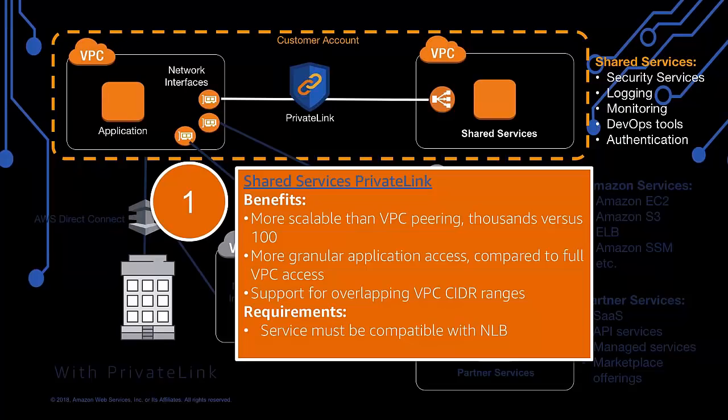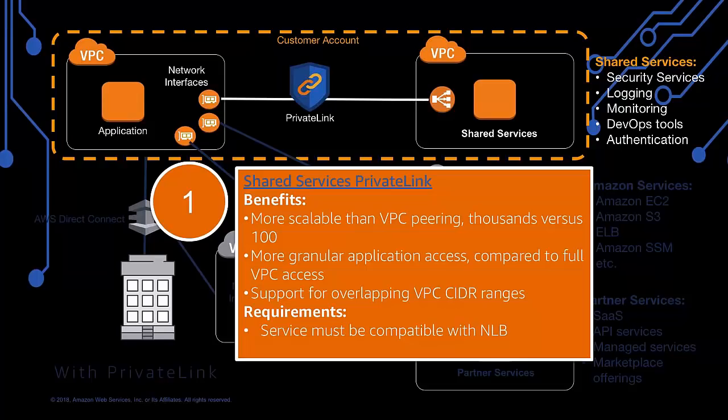And not just that, but since the connections are from the client to the server only, if something in the shared services VPC gets compromised, it cannot reach out to all of the spoke or application VPCs, the consumers, because you're not allowed to do that with PrivateLink. It's just from the consumer. The consumer's allowed to request stuff, and that's it. So you create a more secure model for accessing services this way.